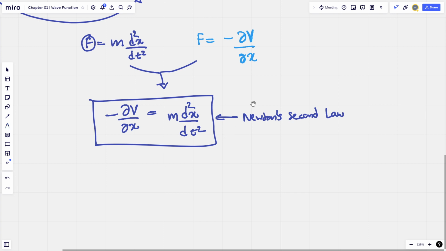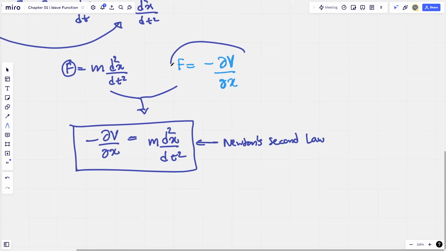But for this to be true, I forgot to mention that this equation is only true when the potential function, or the energy field the object is moving in, is a conservative field.